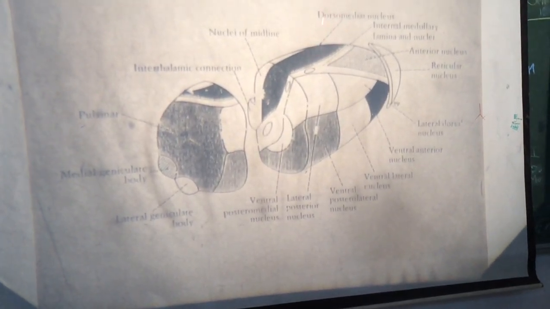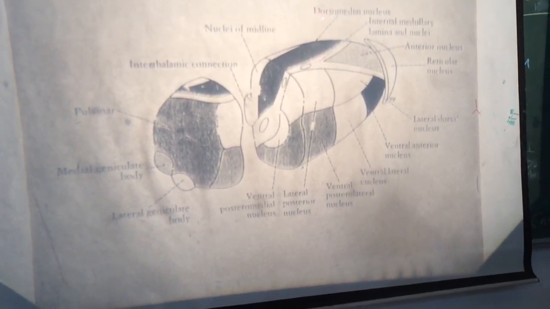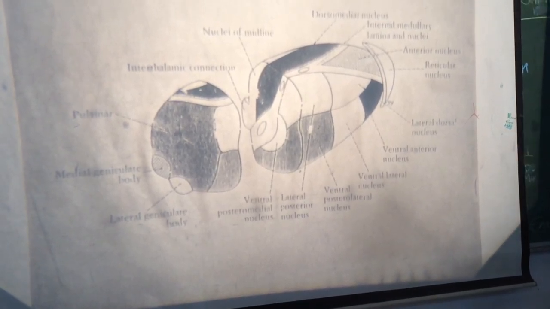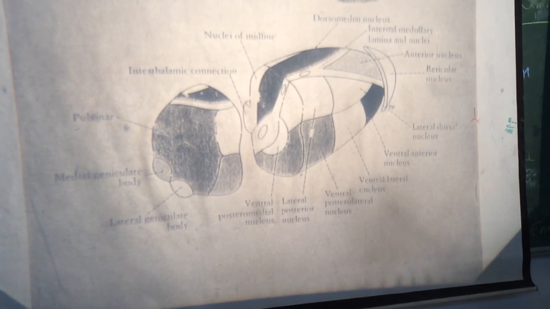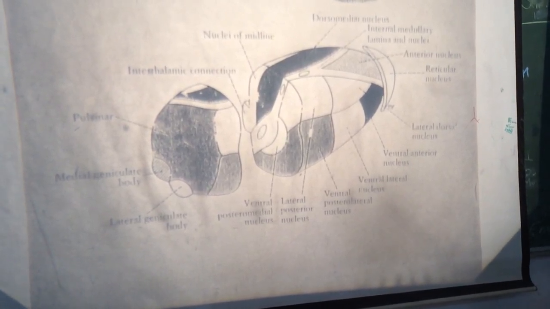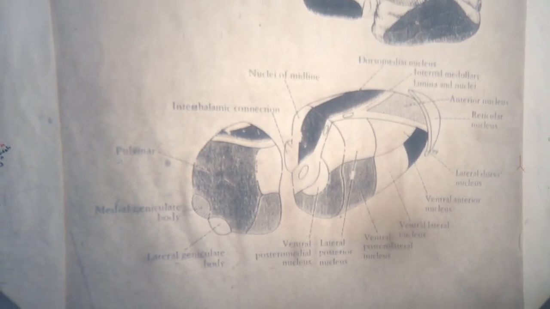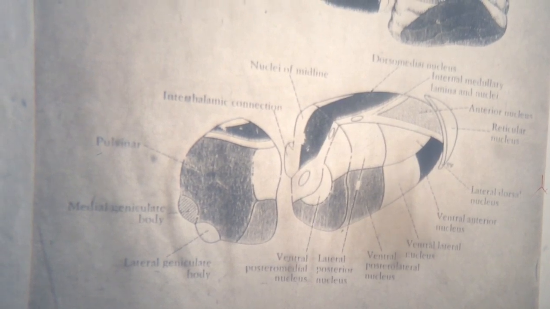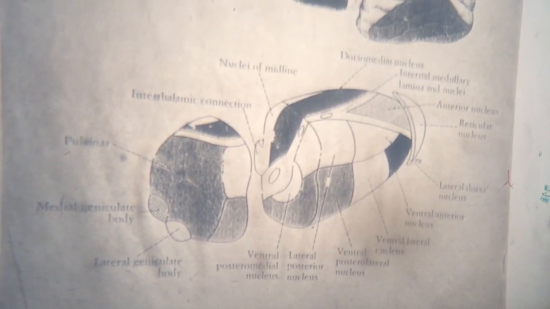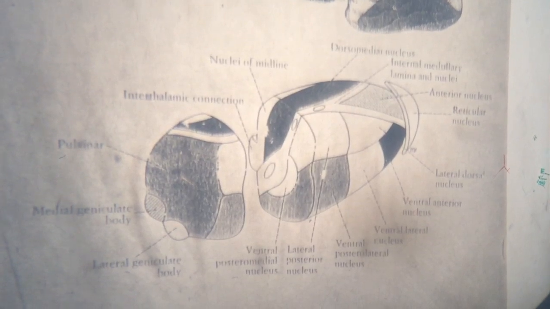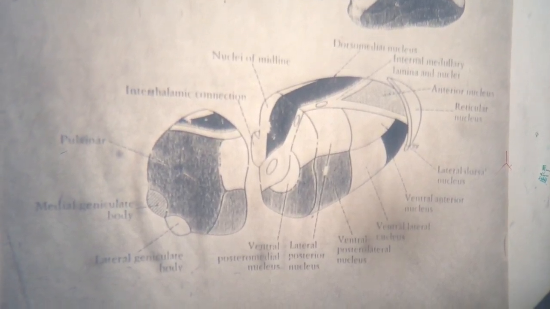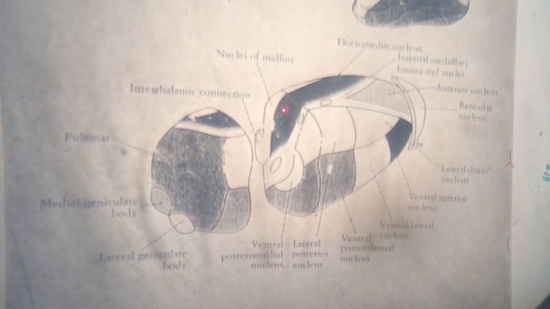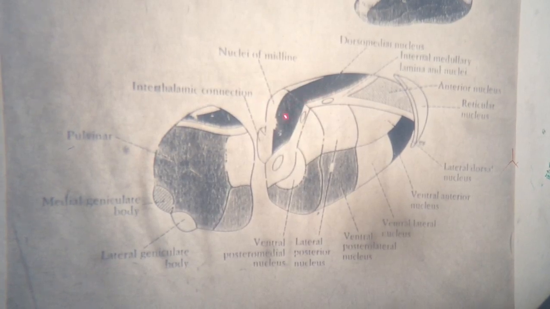Its connections are with the prefrontal cortex of the frontal lobe, the hypothalamus, and other thalamic nuclei. This was about the dorsomedial nucleus, the main nucleus in the medial part.